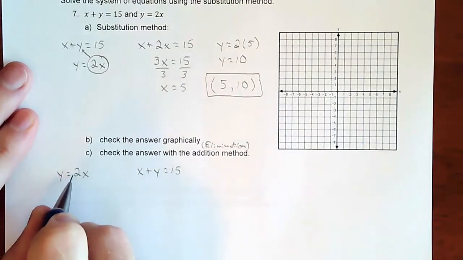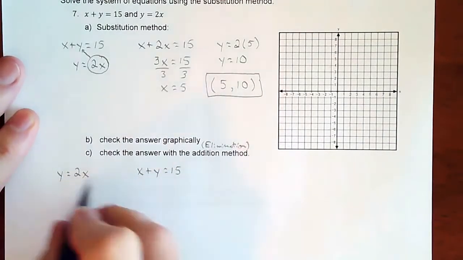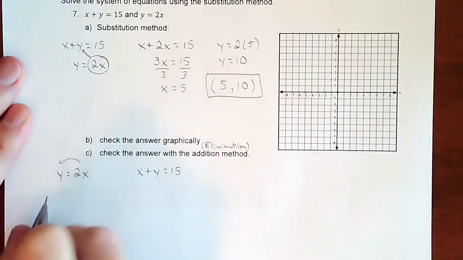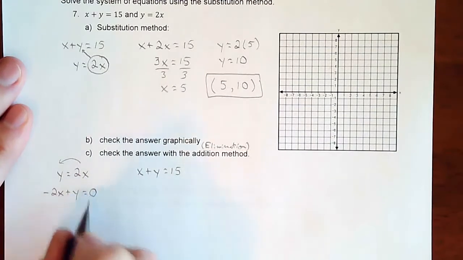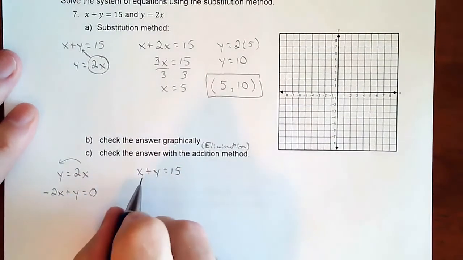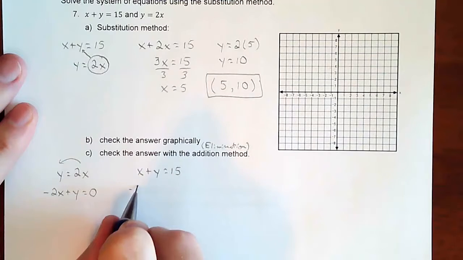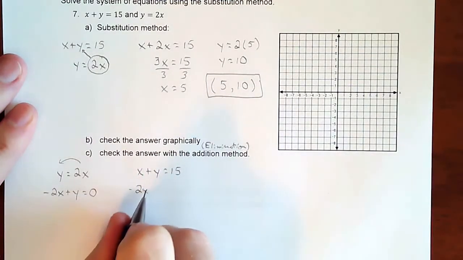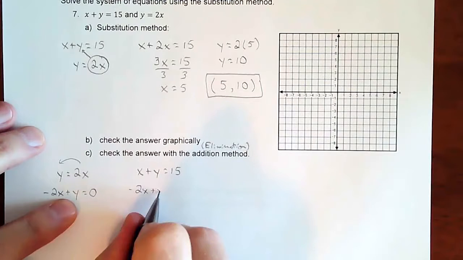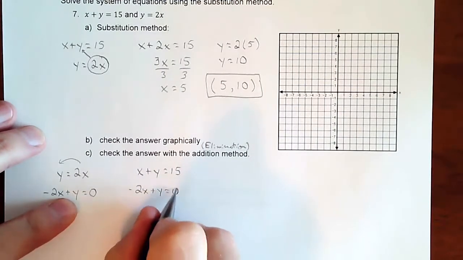We would need to adjust this equation to line it up with this equation. So I would bump the 2x over and make it a negative 2x plus y. And then there's nothing left on that side, so that would equal 0. So you have negative 2x plus y equal to 0.